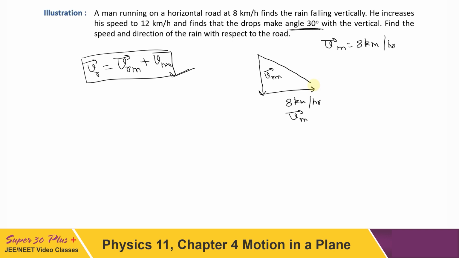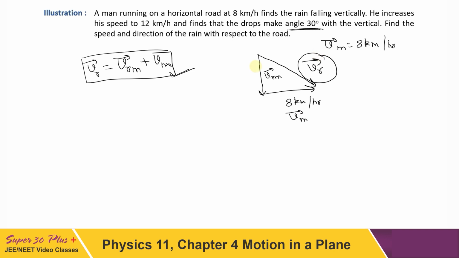If you complete this triangle, this will come out as the velocity of rain, because it is the vector sum of VRM and VM. Now the situation has somewhat changed. The man has changed his speed, and this time the direction of rain with respect to man also has changed. But this should be the same because, as we know, with changing our speed, the velocity of rain should not change. It will have the same value and the same direction.